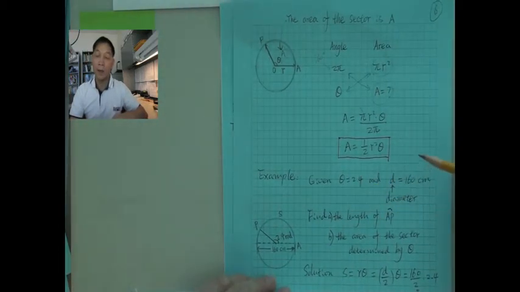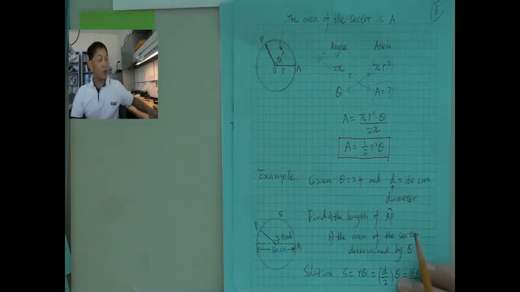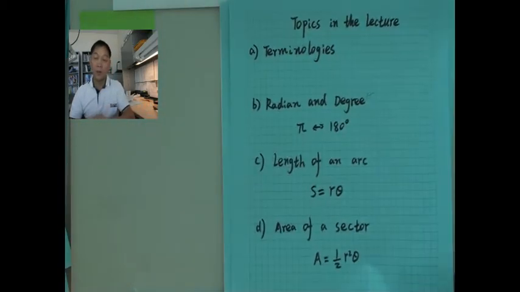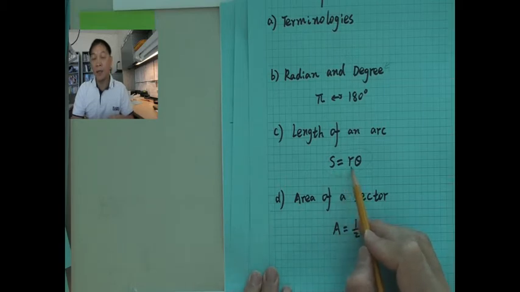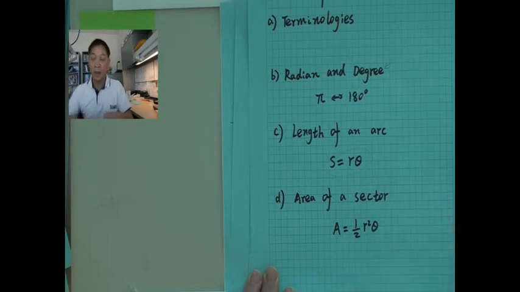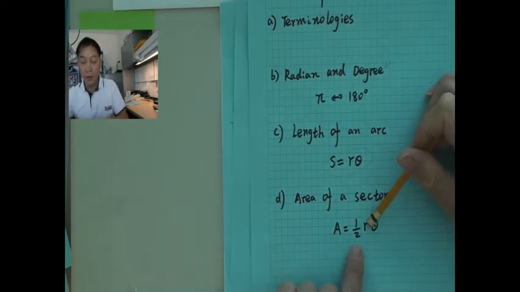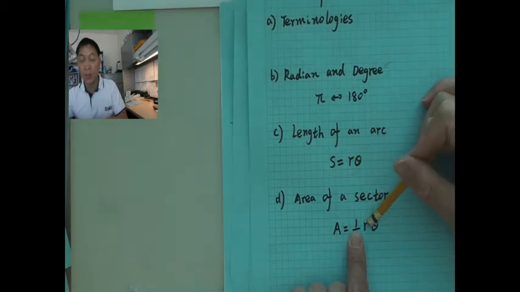All right. Now, with those two formulas in our mind, you see, length of arc is r theta. The area of a sector is 1/2 r squared theta. If you don't look at the 1/2 and the square, they are the same, r theta, r theta. You see that?